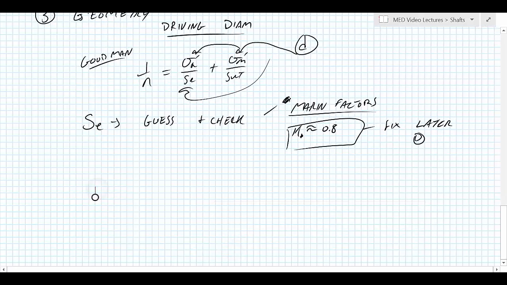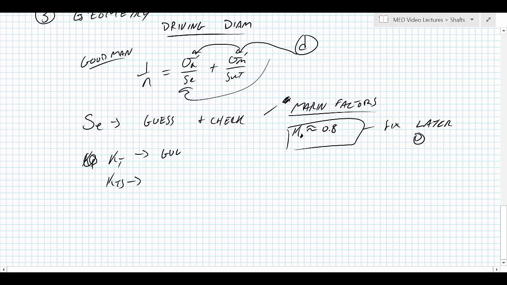For the stress, what we don't know is our KTs and KTS, our shear stress and bending moment stress concentrations. These are, of course, dependent on the geometry change, and we don't know the geometry because that's what we're trying to find. So the textbook has some estimates for ranges for these values.